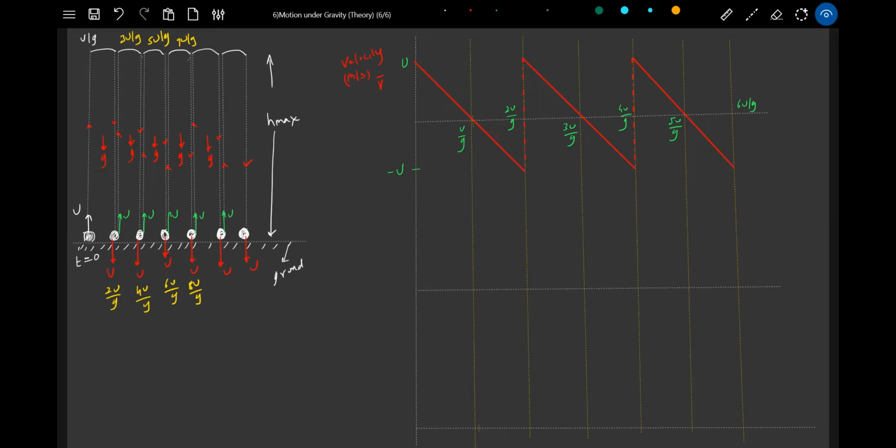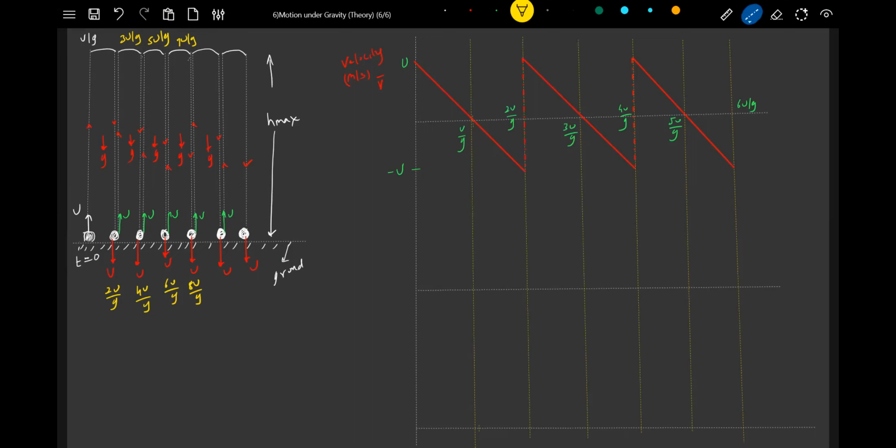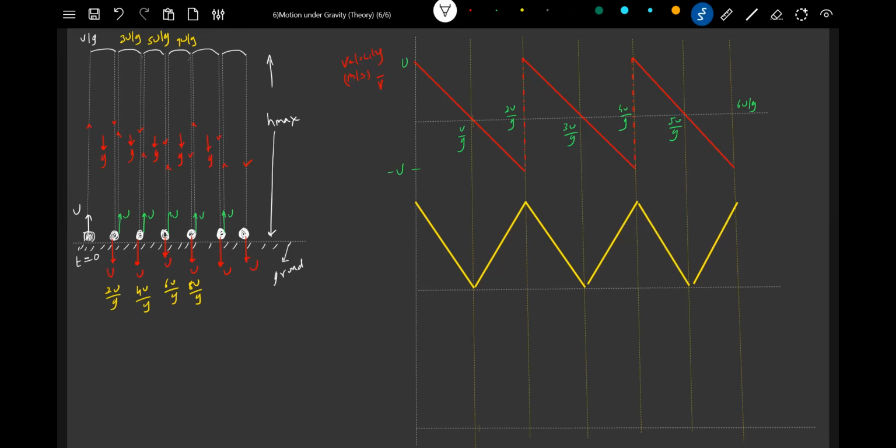Okay, let's plot the speed versus time graph. First, it will undergo retardation, then acceleration, then retardation, then acceleration, retardation, then acceleration.